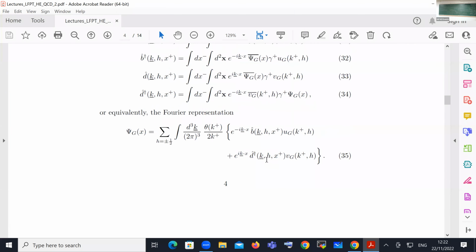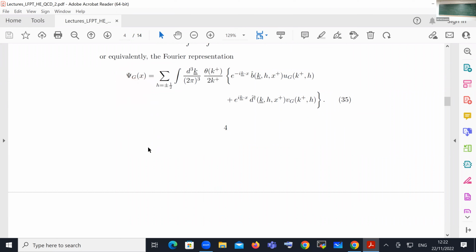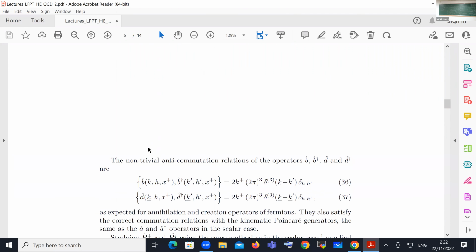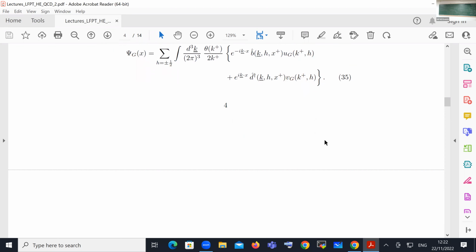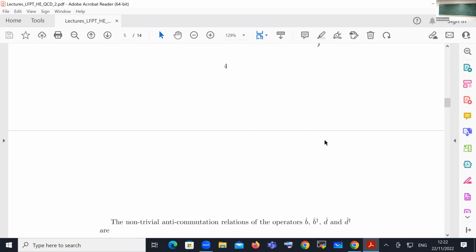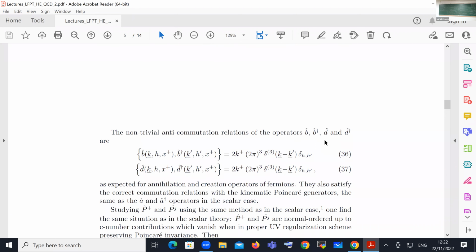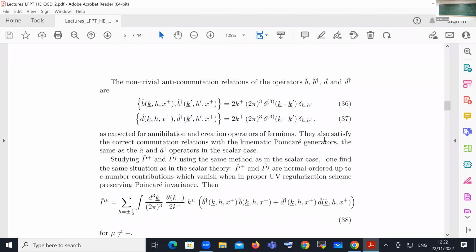Now, since we have only two components here, we have both psi and the u_g and v_g, which are vectors with two components instead of four. We have removed the bad component.